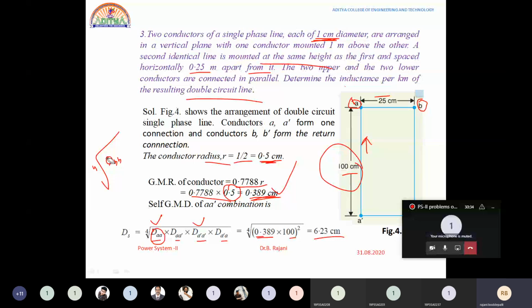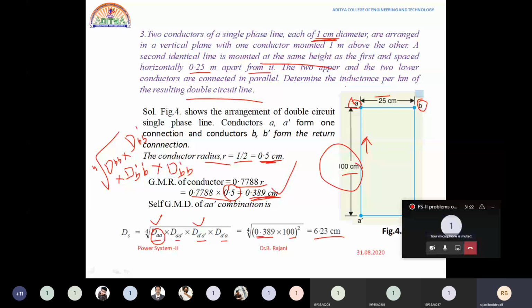I am going to write DBB into DBB dash, in the same root itself, into DB dash B dash, into DB dash B. This is the formula as such.